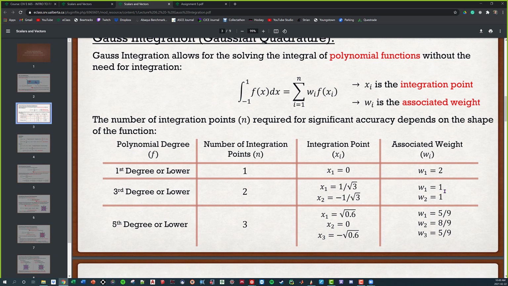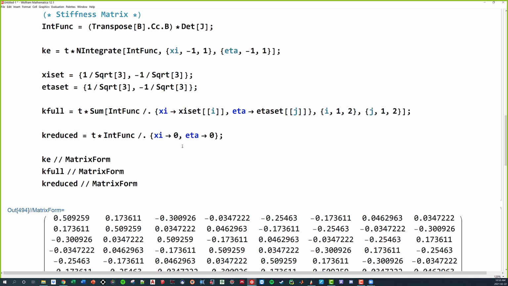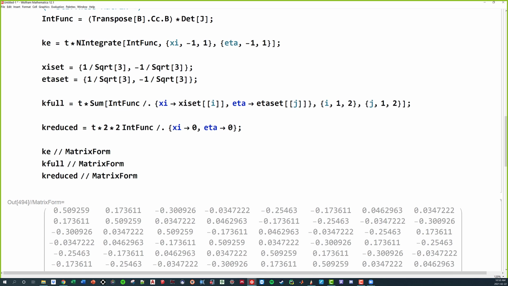If we go up to our table, it's always 1. 1 times 1 is equal to 1. Nothing really changes. But if we use 1 integration point, our weight is actually 2. So when we come down to this integral here, even though f is at 0, 0, we need to multiply w1 times w1. So what we actually need to do is technically go 2 times 2. Weight 1 and the other weight: the weight in the horizontal direction and the weight in the vertical direction.